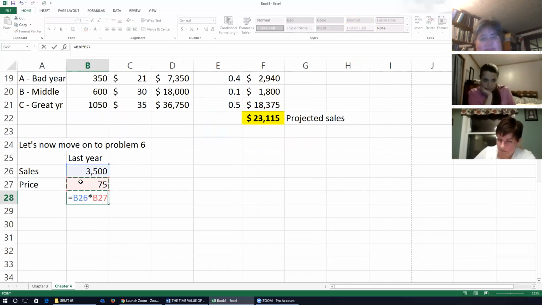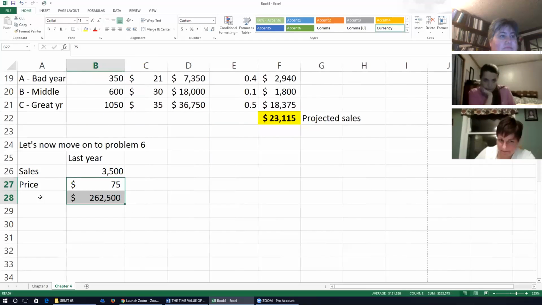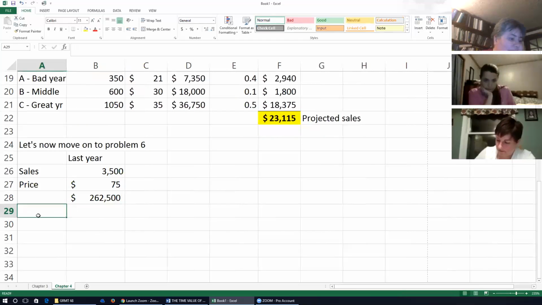So if I do the math on that, last year the sales were $262,500. And last year, or this year, they expect that the number of products to go up by 30%.